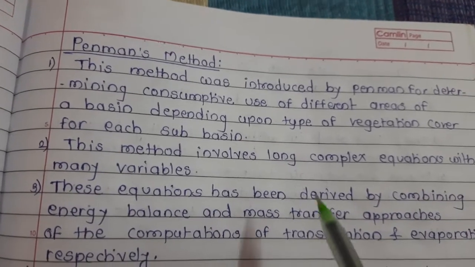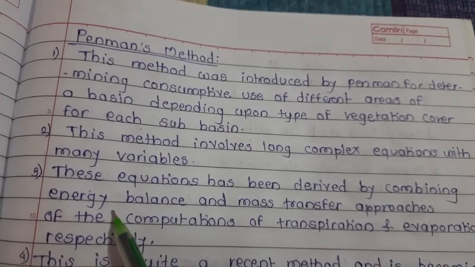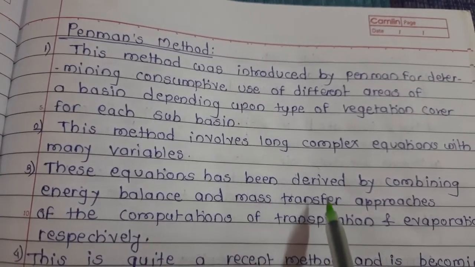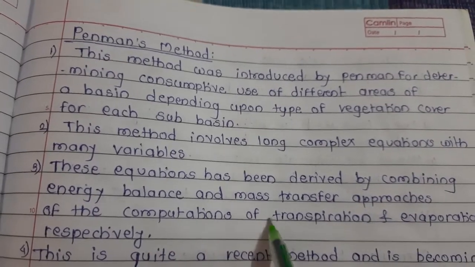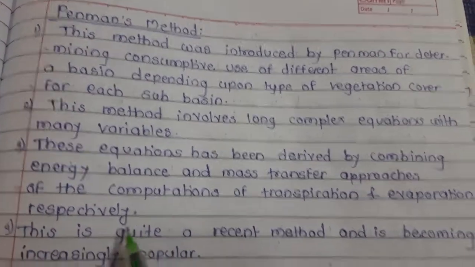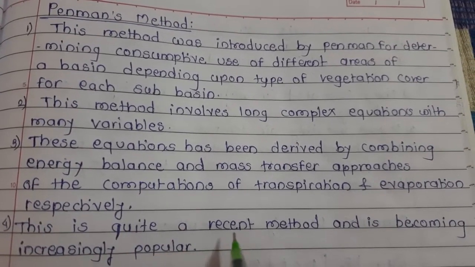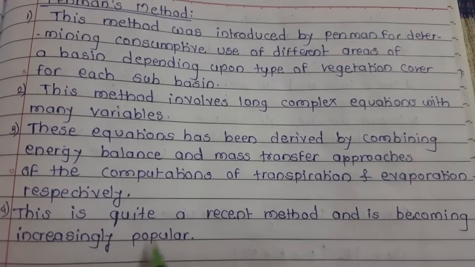These equations have been derived by combining energy balance and mass transfer approaches for the computation of transpiration and evaporation respectively. This is quite a recent method and is becoming increasingly popular.